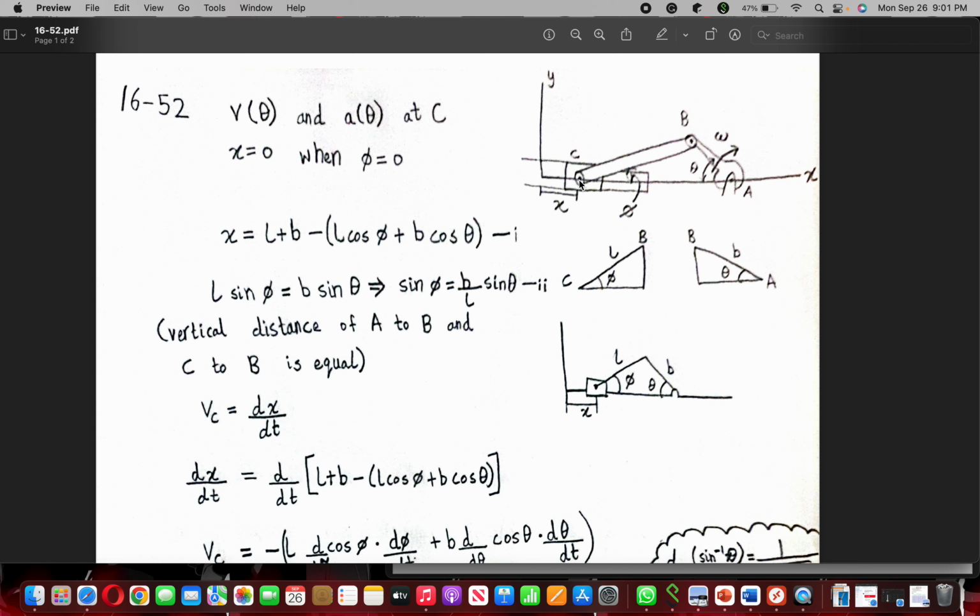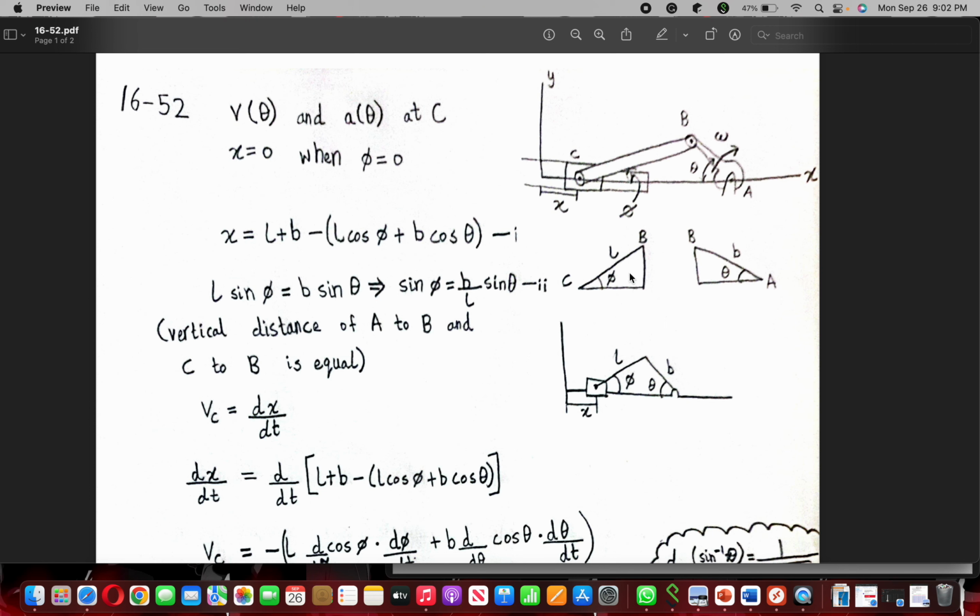That varies with the point C. So the point C on this slider varies because it moves along the horizontal guide. So this x is equal to L plus b minus, in brackets, L cos phi plus b cos theta.